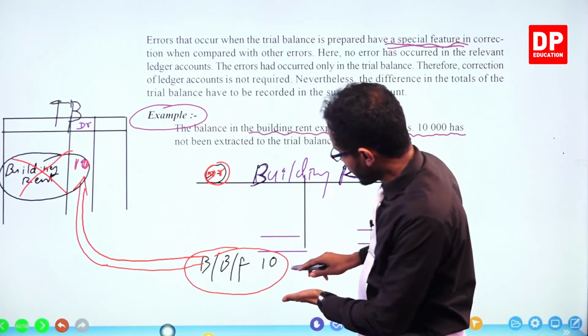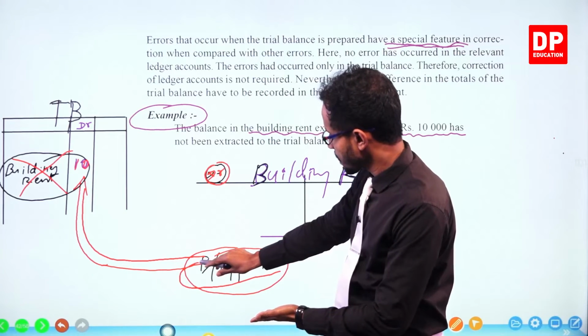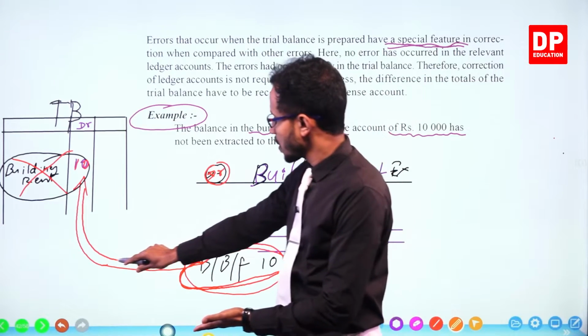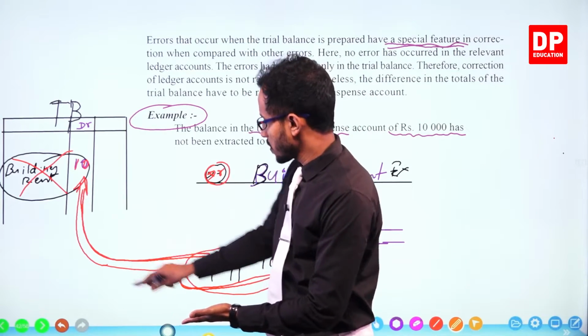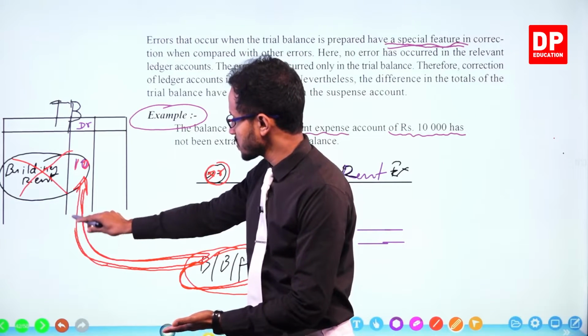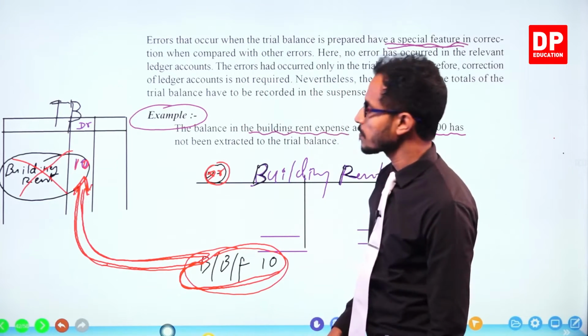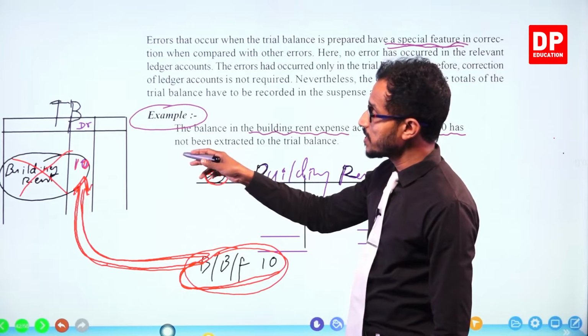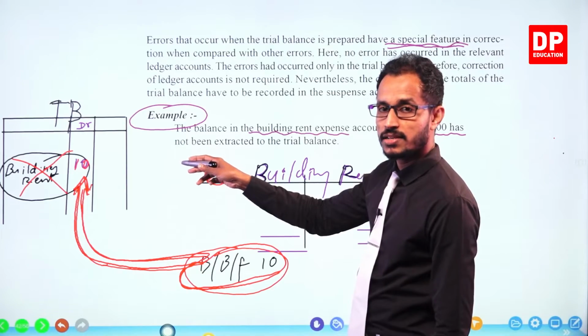Now when you enter this 10,000, the trial balance will balance. So the trial balance should be debited as building rent.